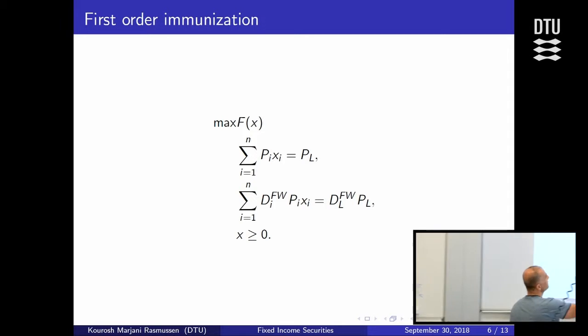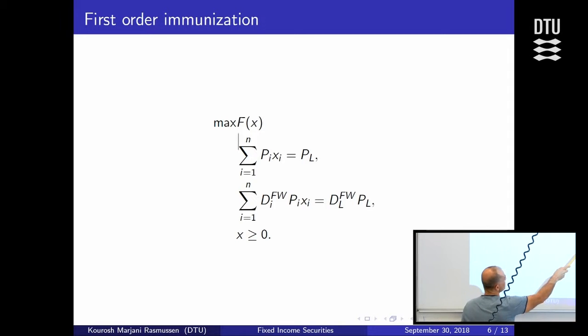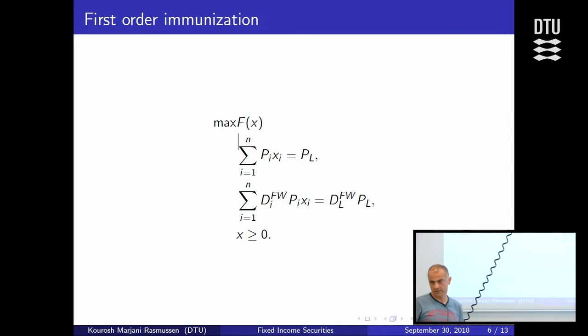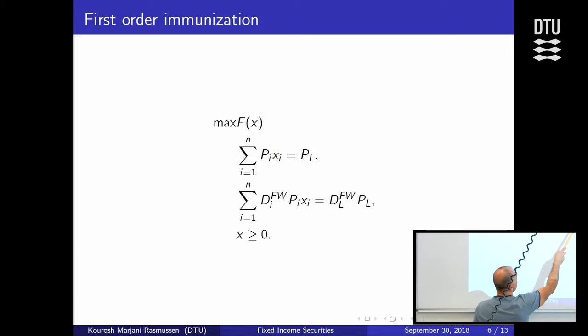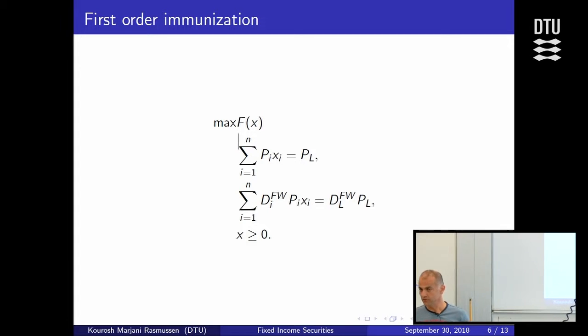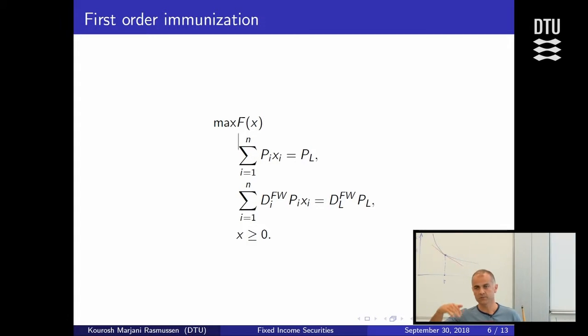So what you have here is that you're saying, all right, I have some liabilities. This is the price of my liabilities today, right? And this is the price of my assets, right? So I want to buy some bonds in such a way that the present value of my bonds today has to be the same as my liabilities. Let's say I have liabilities of 1 billion krona.